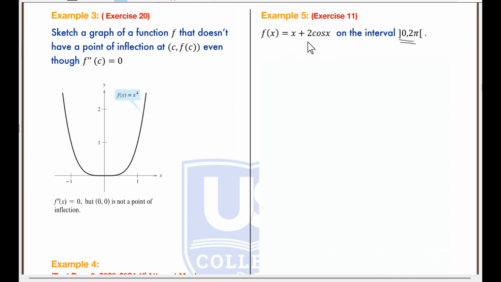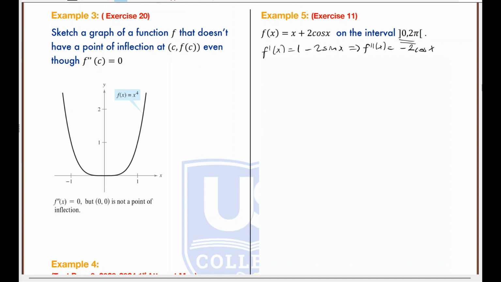I will set the second derivative to 0 and make a table. F prime of x is 1 minus 2 sine x, and the second derivative will be negative 2 cosine x, right?